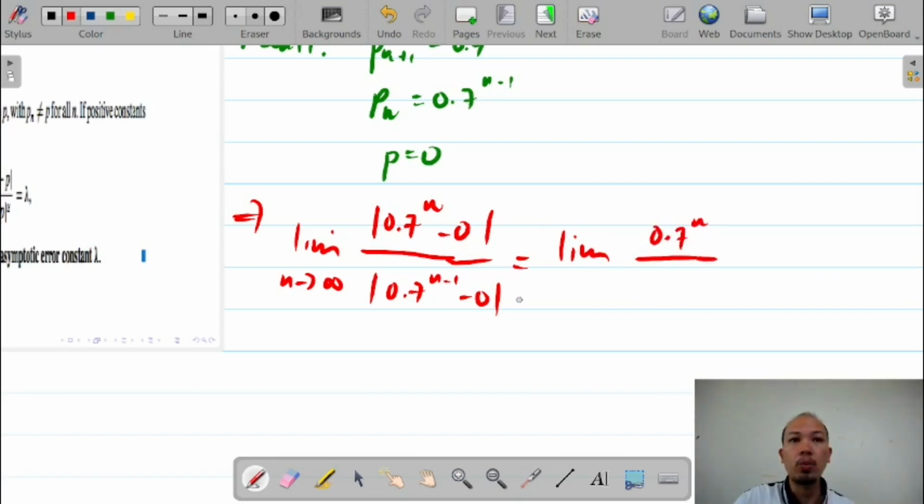Our alpha here is 1. Okay, our alpha is 1. So suppose our alpha is 1. Let's try later if our alpha is 2.